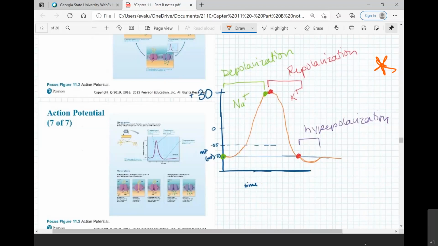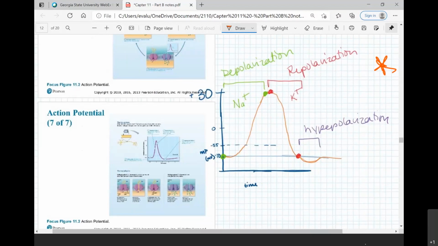Then there's going to be a little sweet spot where potassium channels start to close once you hit negative 70. However, they're slow. So for a period of time, we have hyperpolarization because our potassium channel is still letting some ions out. So we're going to go below our negative 70. And eventually, when they all close, we're just going to go back to baseline.